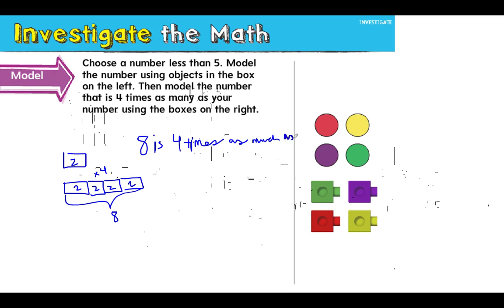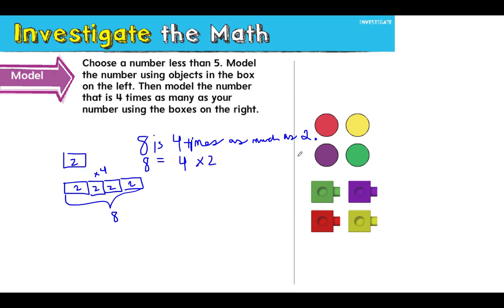And it's really important, teachers, that you write these sentences because this is where kids get confused if it says Joe is 4 times as much as Lisa or Lisa is 4 times as much as Joe, right? Here, 8 is the biggest. 8, we can say equals 4 times the 2.